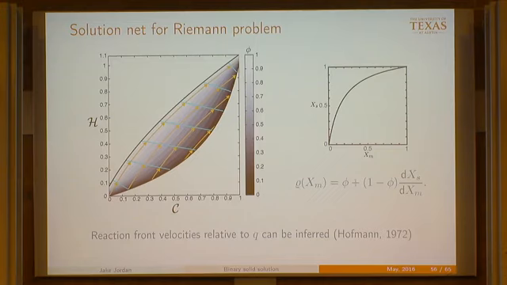Another thing that falls out of this is we can plot the retardation. This is like what Hoffman did: you can infer the retardation of your reaction front as a function of the solid and the melt concentrations, or what they're composed of.